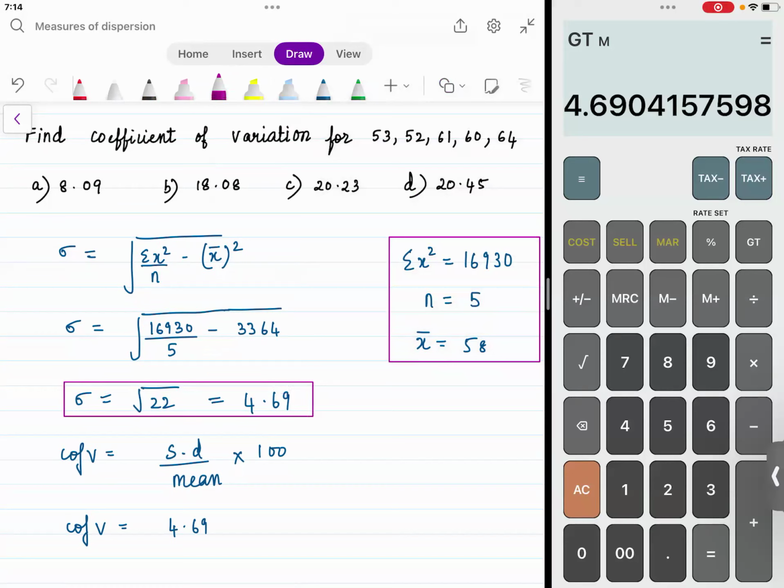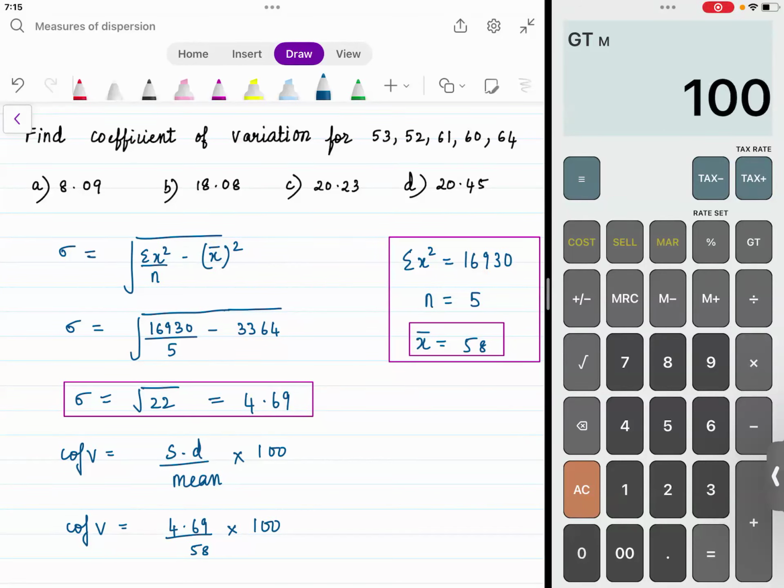What is the mean value? Mean value is 58. So coefficient of variation is 4.69 divided by 58 into 100. Let us calculate 4.69 divided by 58 into 100. I'm getting 8.086, which is nothing but 8.09%. Option A is the correct answer.